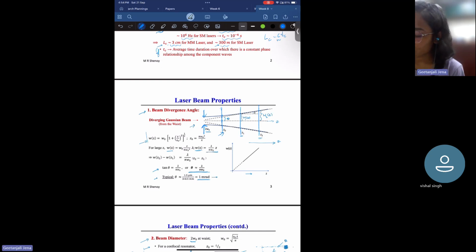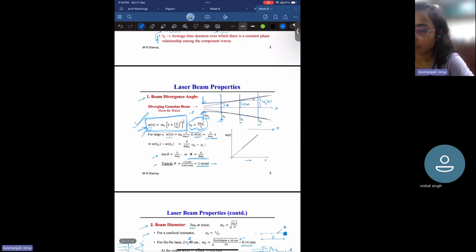So this is the relationship between the spot size with distance Z. So WZ is the spot size, and W0 is the spot size at the waist. This relation we have already seen, and Z0 is the Rayleigh range where the radius of curvature of the beam is minimum.